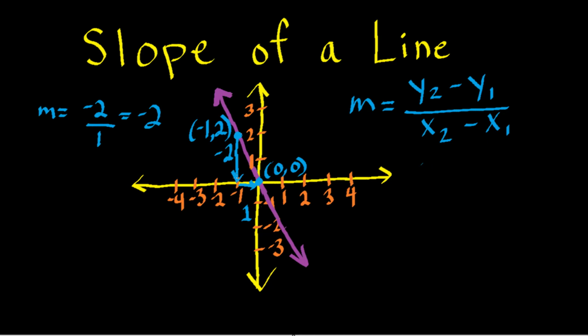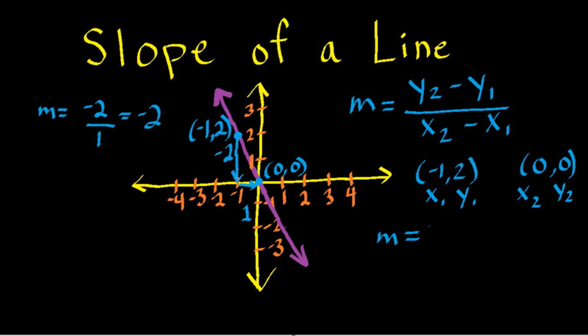Our first point is -1, 2, so that will be our x1, y1. And our second point is 0, 0. That will be our x2, y2. So we will substitute those in. y2 is 0 minus y1 is 2, divided by x2 is 0 minus x1 is -1.